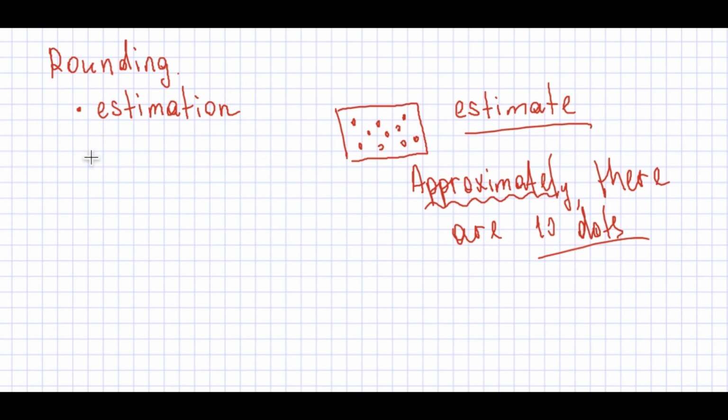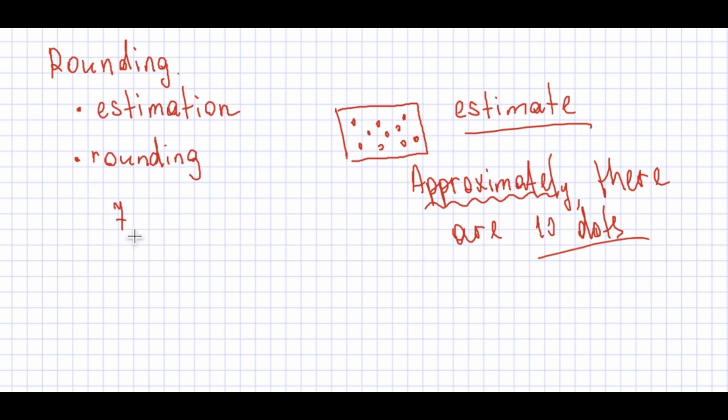Okay, now let us see what is rounding. Rounding is when you have an exact number and you want to round it to the nearest tens, hundreds, thousands or more. Let us see. For example, we have 7.